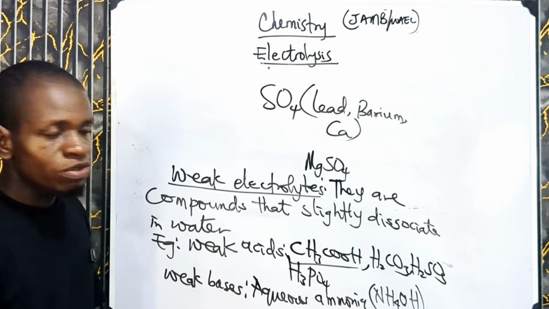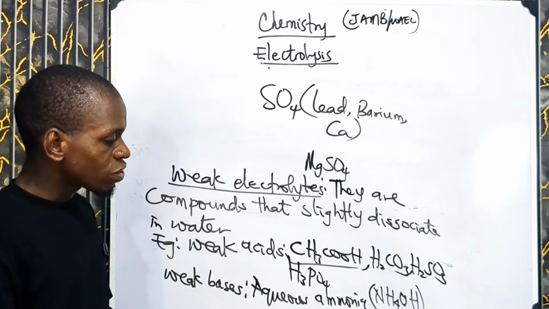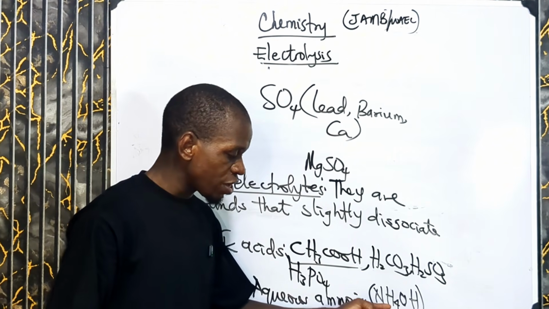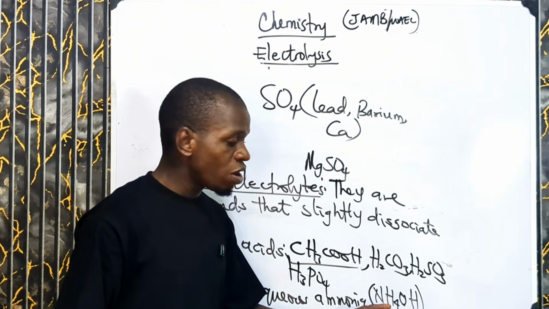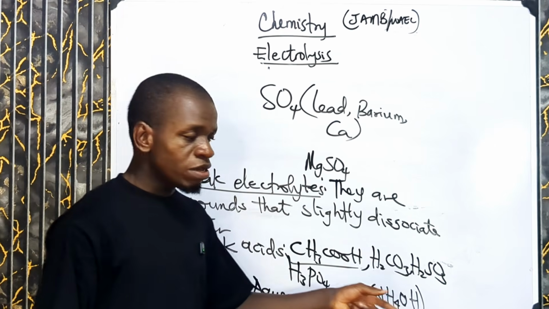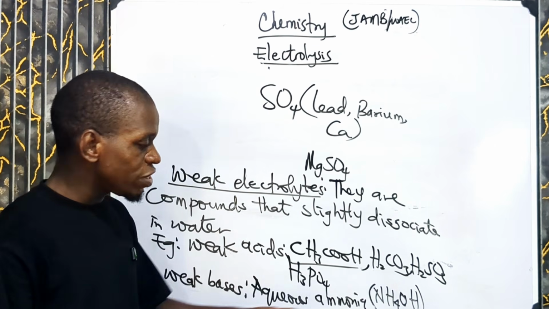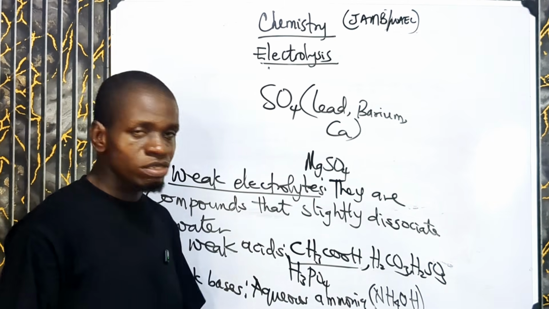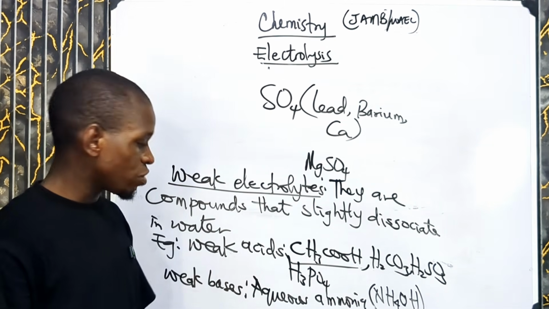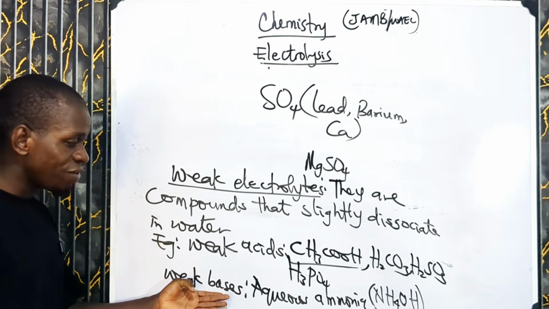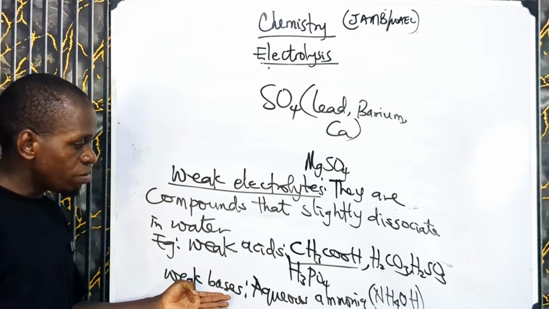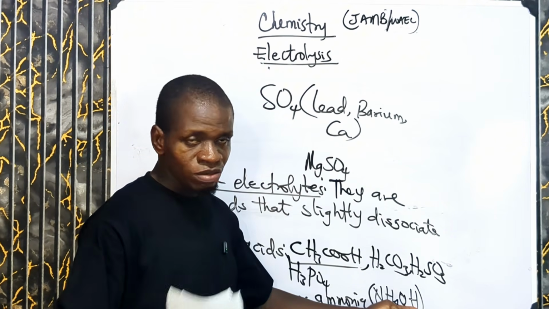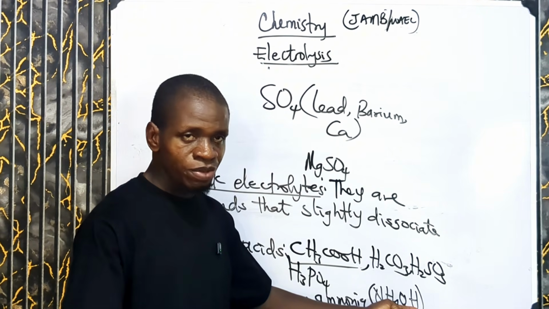So when I was talking about compounds that give you strong electrolytes, I told you that the compounds of ammonium will give you that. But please exclude the one that has OH. It's not a salt; it's not under the family of salts. I classified it under base. Remember, I told you that a base will always end with OH. So if you see something like OH, it is under base.